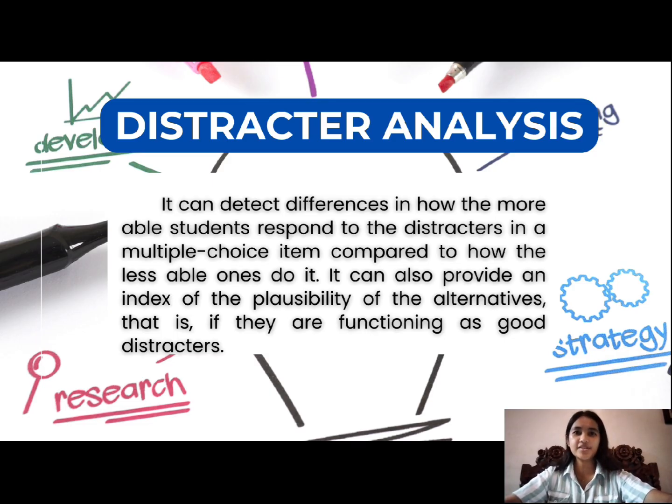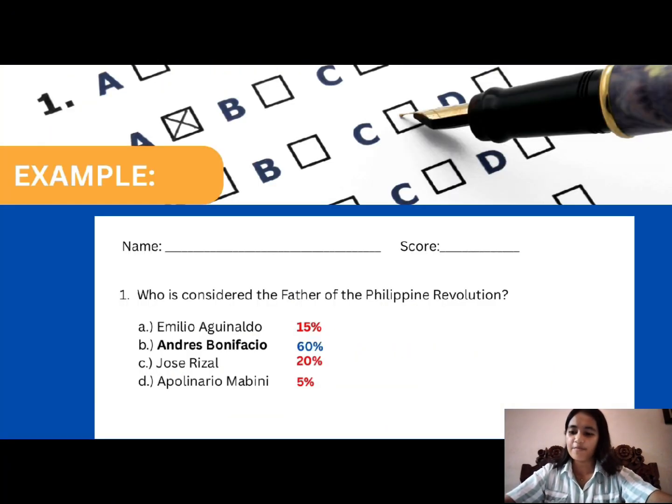It can detect differences in how the more able students respond to the distractors in a multiple choice item compared to how the less able ones do. It can also provide an index of the plausibility of the alternatives, that is, if they are functioning as good distractors.